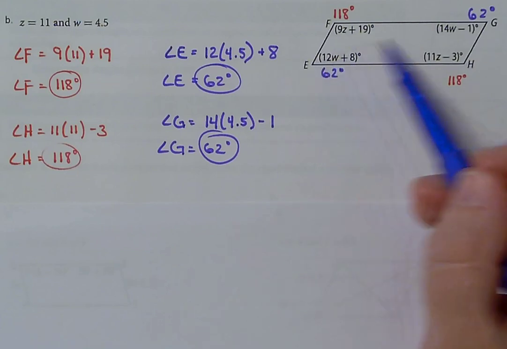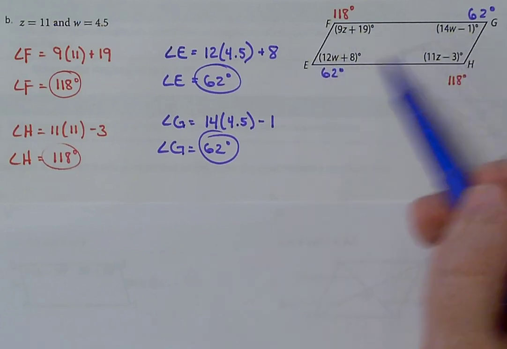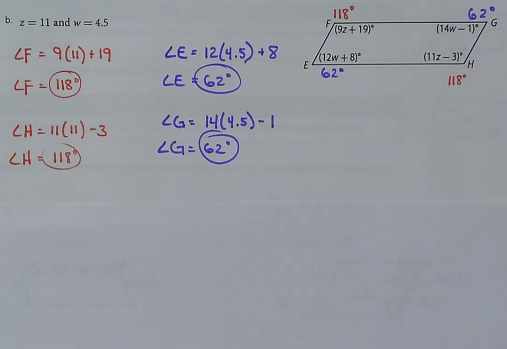And I know that E and G are congruent because they're both 62. Therefore, confirming that this is in fact a parallelogram. And that is our answer for part B.